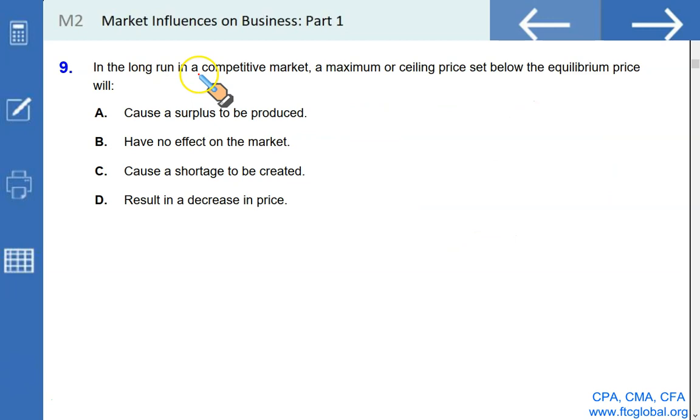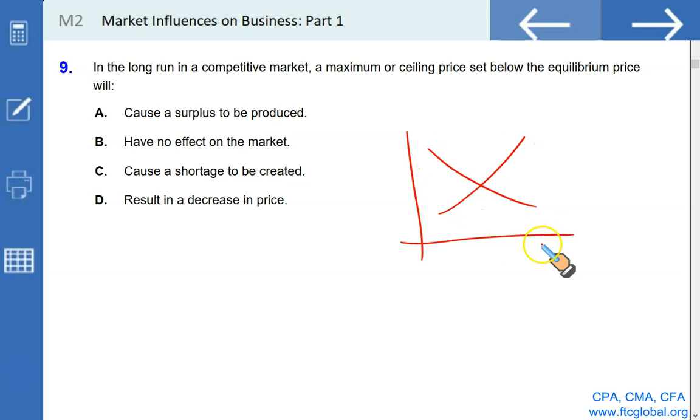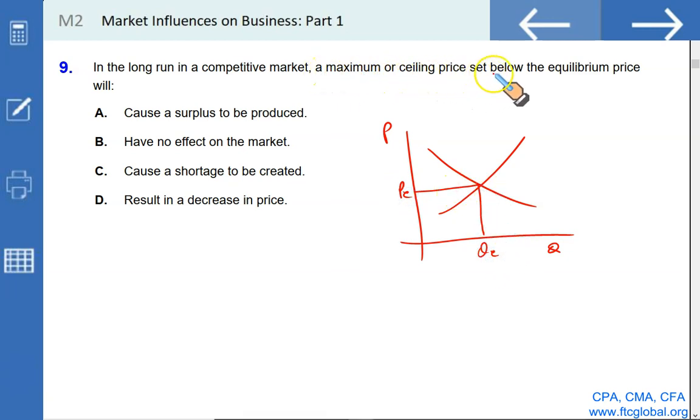In the long run, in a competitive market, a maximum or a ceiling price set below the equilibrium. Now let me first draw it up here. Demand curve, supply curve. This is the market equilibrium price, and this is the market equilibrium quantity. The question says a maximum or ceiling price set below the equilibrium price right here.